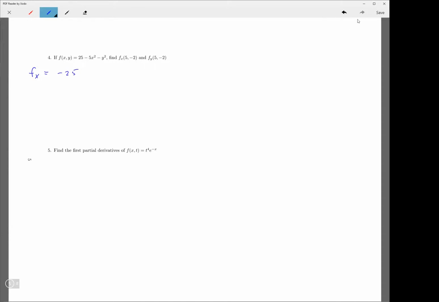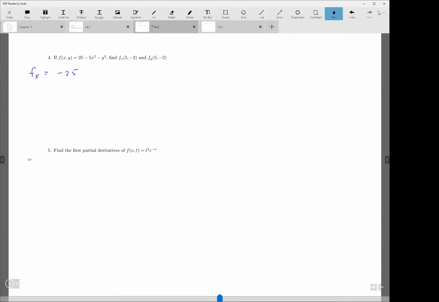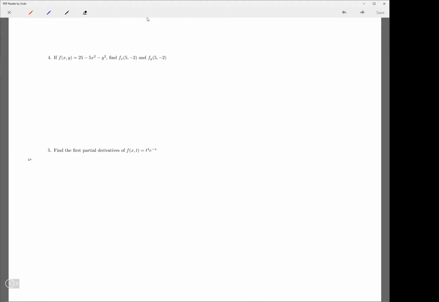Wait, no, what am I doing? Okay, that's negative 10x, right? And then this is 0. Just treat that as a constant, so that's just 0 when you're taking the partial.